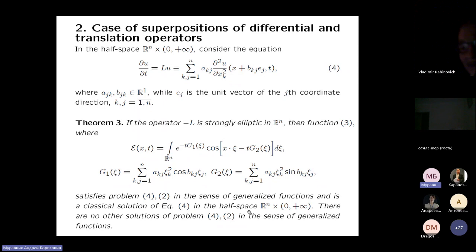And there are no other solutions of problem 4.2 in the sense of generalized functions. And the kernel of this convolution, we may call it the Poissonian kernel. And this kernel is expressed this way.